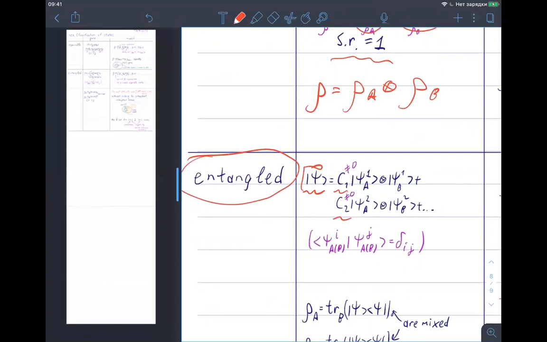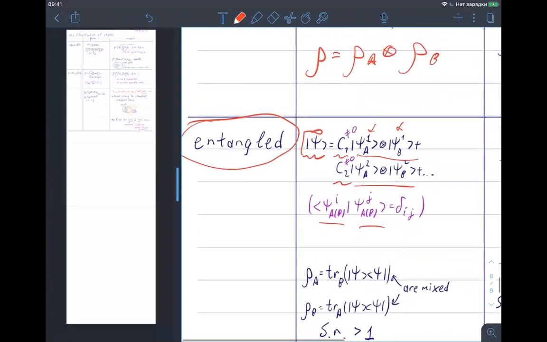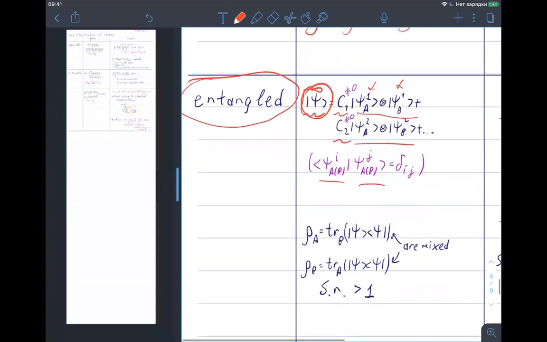Again, remember, this decomposition implies that we have vectors which live in different spaces, and they are orthogonal to each other. And what we have here is that the full state is pure, but if I consider its reduced states, they are mixed.